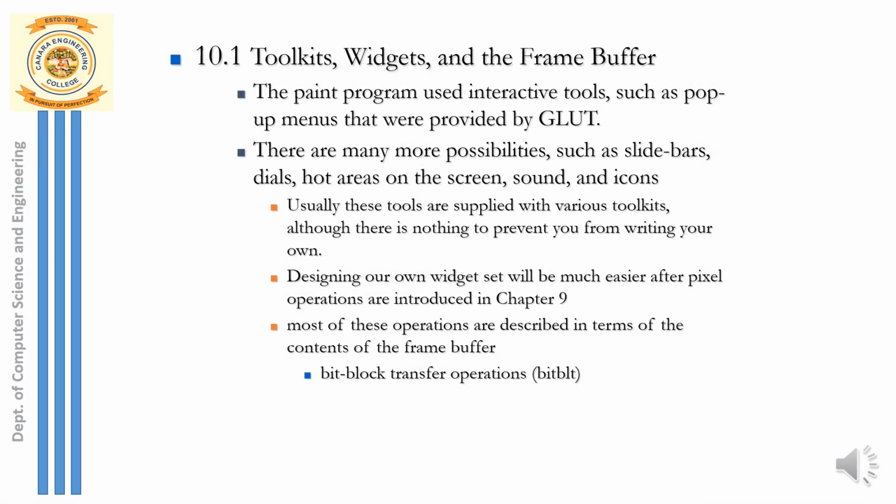You also can have toolkits, widgets, and the frame buffer. So you can have a paint program that can be used for interactive tools. It's something like when you use Paint, you have several menus given, and you can just click on any option provided by the menu, and that is how you can choose different options and work with the paint, right?